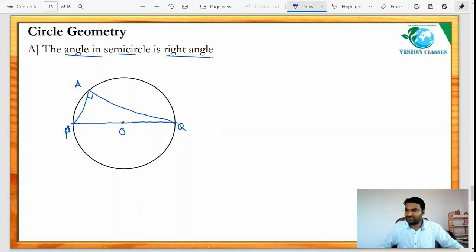So the angle in the semicircle is a right angle. Take any point, take this point, okay? Again here 90 degrees. Got it? So if you take it here also, it is 90 degrees. A, B, C, any point in the semicircle is a right angle.